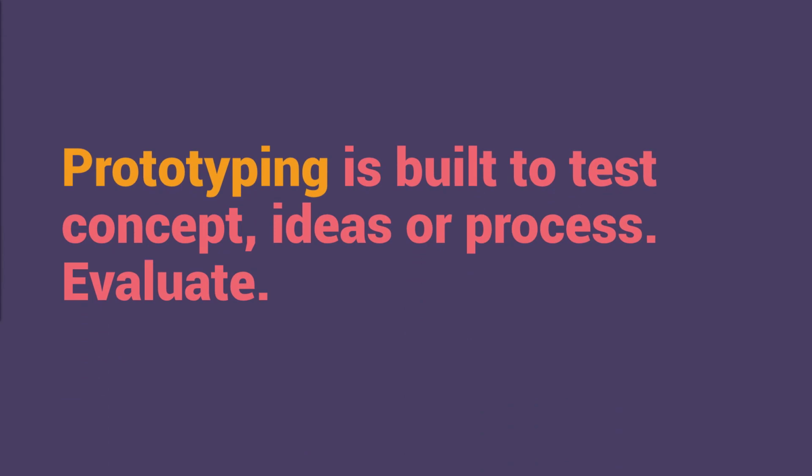So in summary, prototyping is a model, and its purpose is to test the concept, ideas, or processes so we can evaluate well the product we are making or the new product we are presenting.